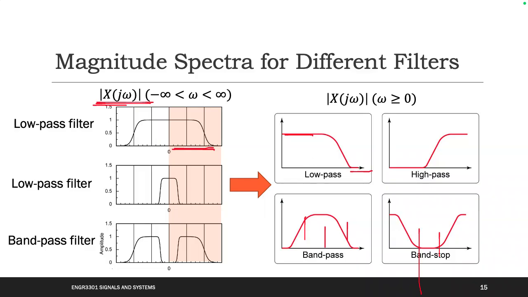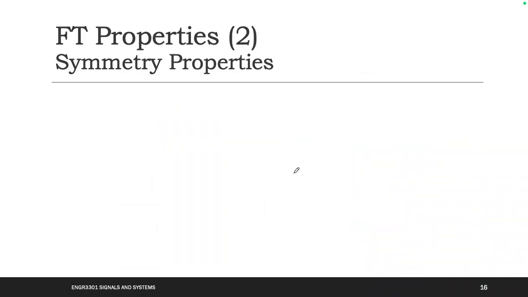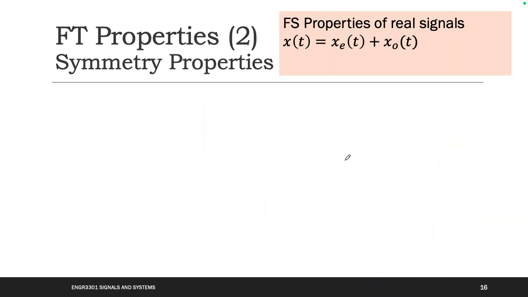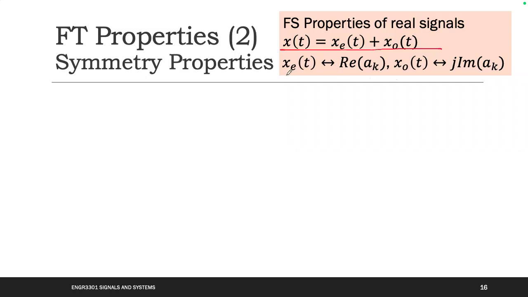Okay, and then let's continue to talk about the symmetric property. For the FS symmetric property for real signals, we know any signal can be represented in this form, the even part plus the odd part.